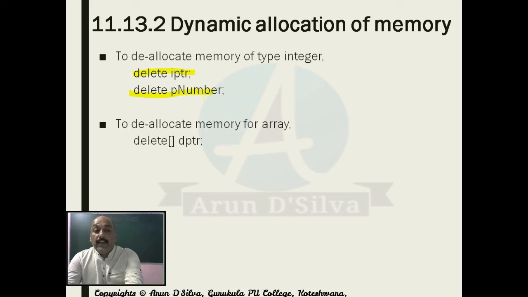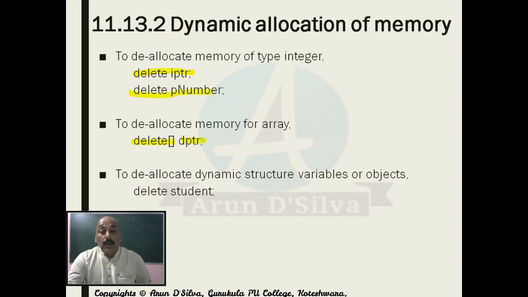Similarly, when you are going for an array, you have to use delete, then open and close brackets, and then dptr, the array name. This means the square brackets, opening and closing, are used for an array. If you are using it for objects, just use delete and that particular object name.